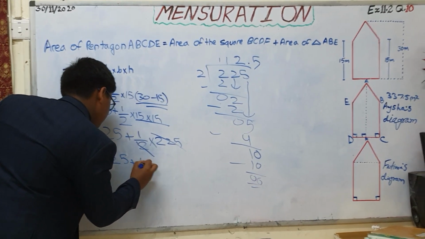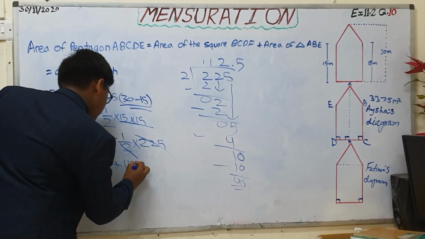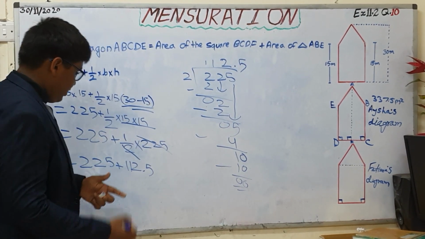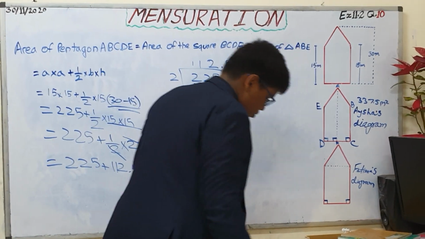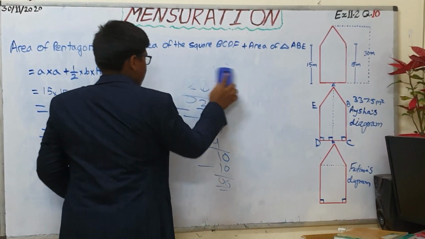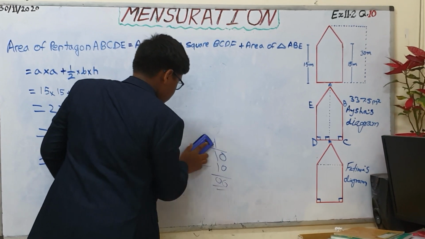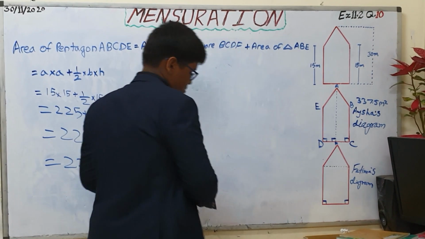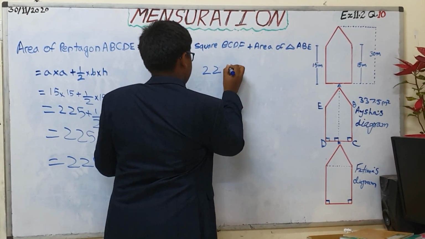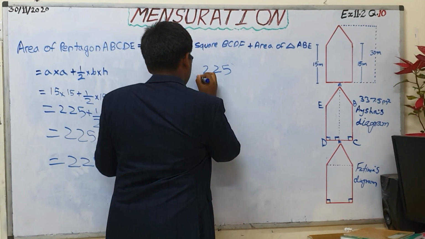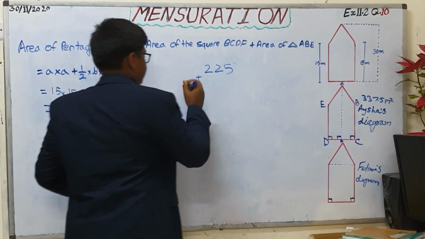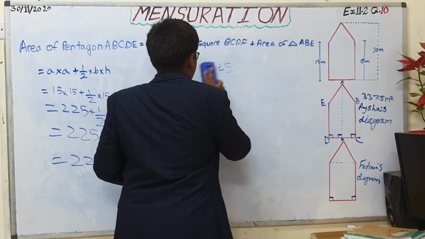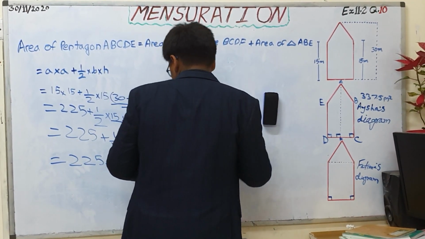Which is equal to 225 plus 112.5. Now we are going to add them. Now 225 plus 112.5. Just a second, there's a problem.